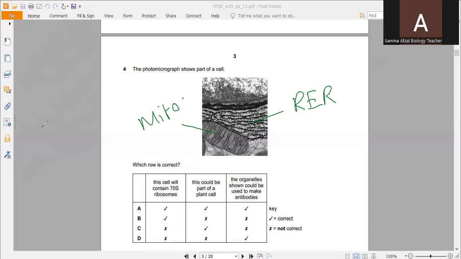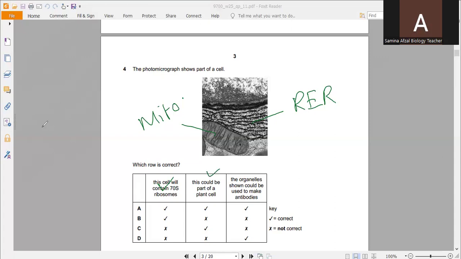Mitochondria contain their own 70S ribosomes. Therefore, this cell will contain 70S ribosomes. Yes. Then this could be part of the plant cell. Plant cells contain both mitochondria and rough endoplasmic reticulum, so this is also possible.